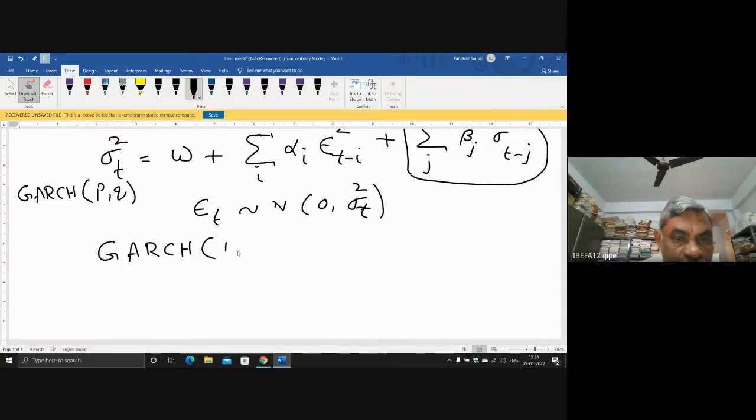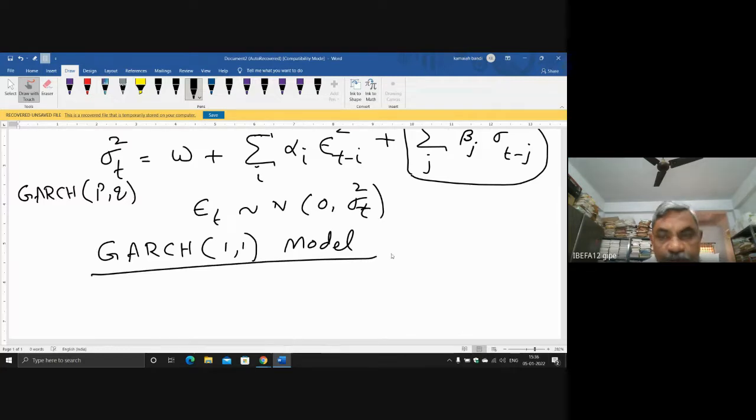It is easy to handle. In a GARCH(1,1) model, you will have only one alpha and only one beta. Of course, omega is already there. So these are the three parameters. So omega is expected to be small.